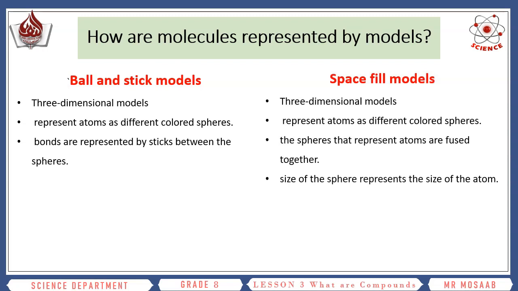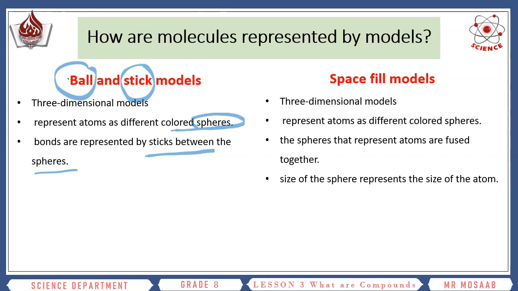In the ball and stick model, as the name says, each atom is represented by a different colored sphere in a three-dimensional model. Bonds are represented by sticks between the spheres. So ball is for the atom, stick is for the bond between the atoms.